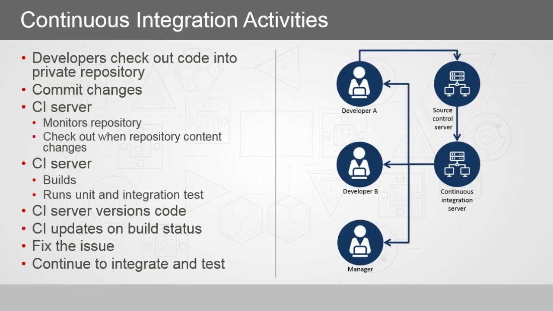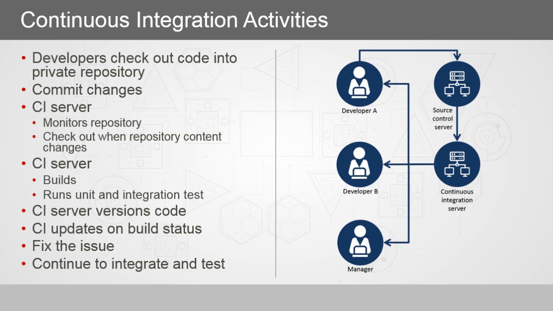Now let's explore some of the common activities that a team of developers will be involved in order to ensure that they are following the principles of continuous integration. First, the developers will check out the code into a private repository, and then they will commit the changes. After they commit the changes, those changes will be available to the entire team.